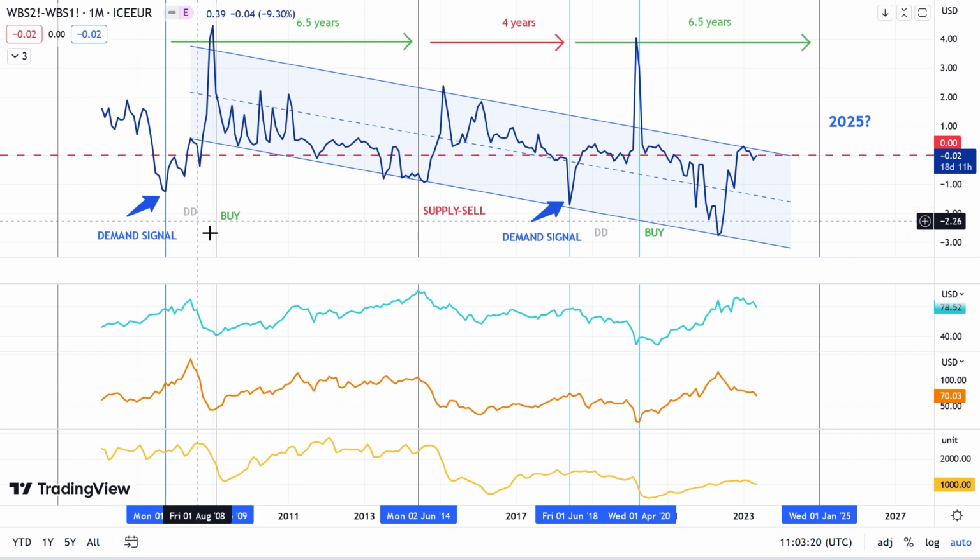So if we take a look, going back to the great financial crisis, the global financial crisis of 2008, what we see is that there was a bull market in oil. So you see oil is here in the orange line below.